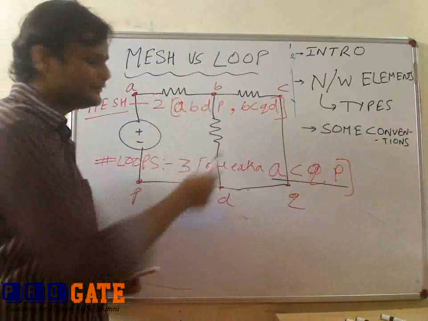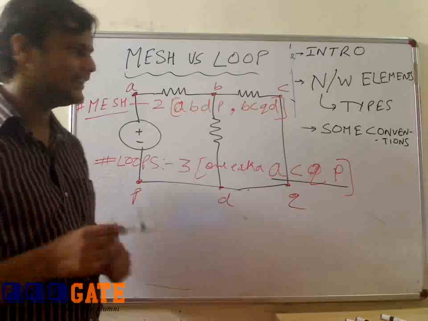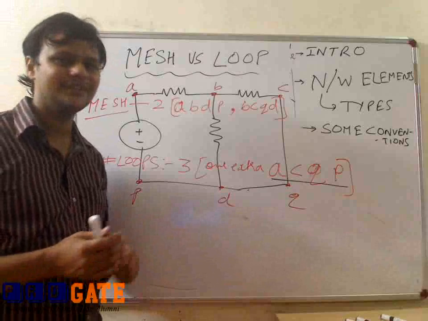So those meshes are also loops. Again, we can make a general statement that all meshes are loops, but all loops are not meshes.